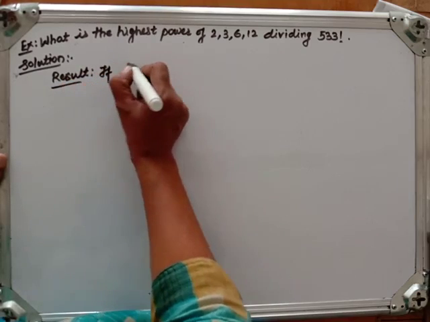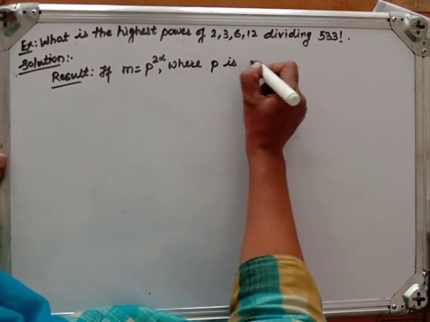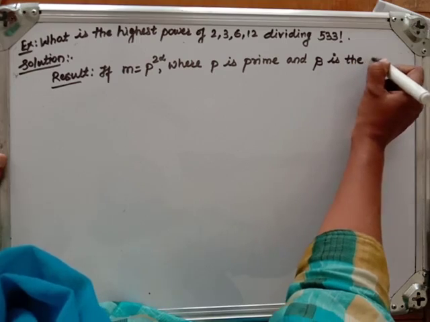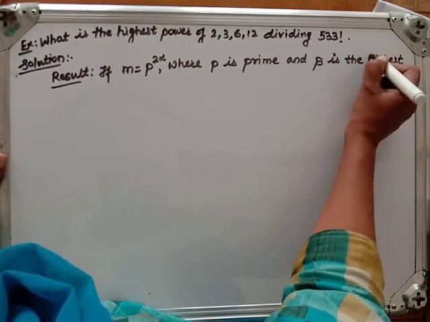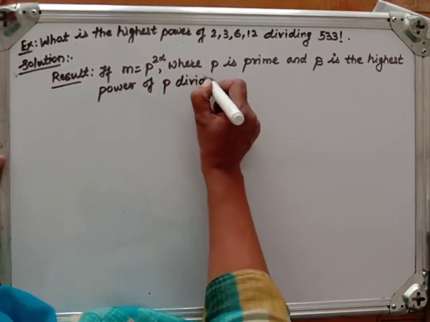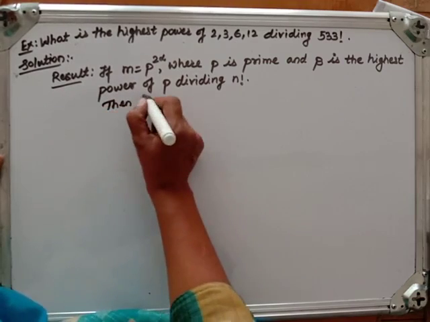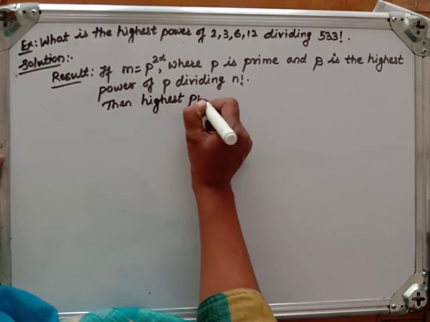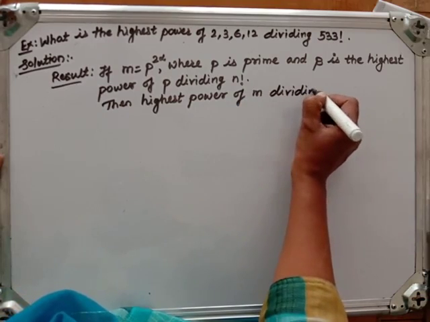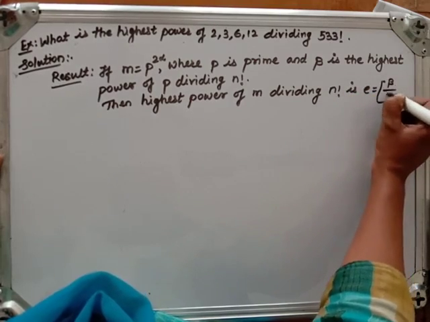Okay. If m equal to p raised to 2 alpha, where p is prime and beta is the highest power of p dividing n factorial, then the highest power of m dividing n factorial is E equal to the greatest integer of beta upon 2.